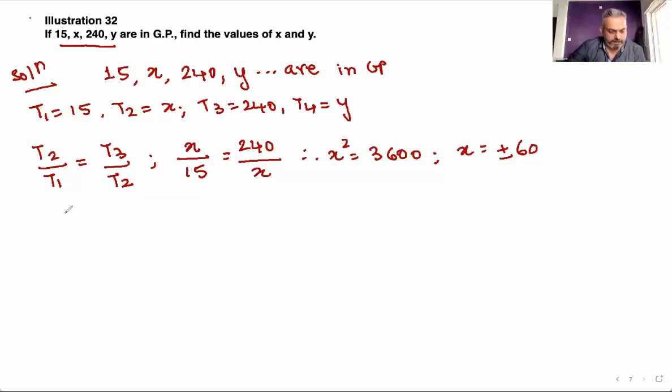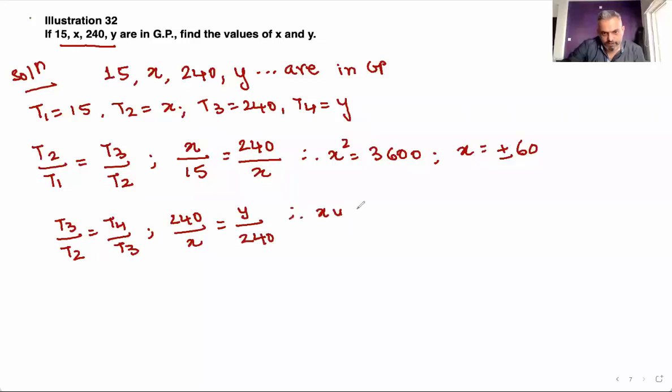Now let's take 240, that is T3, upon T2 is equal to T4 upon T3. So T3 is 240 upon T2 is x, is equal to T4 is y upon 240.